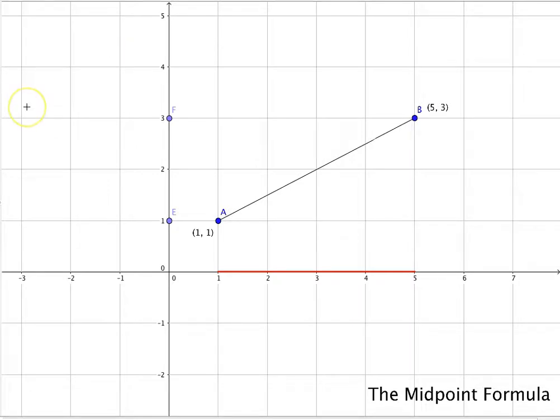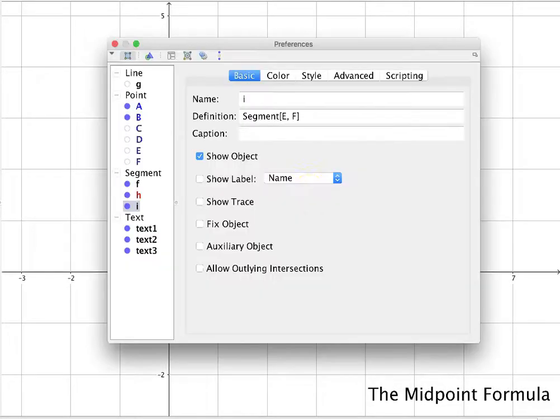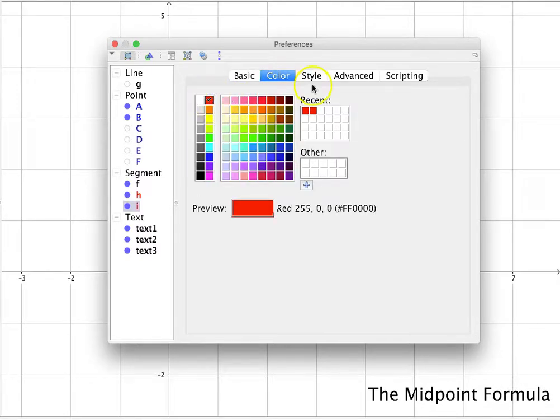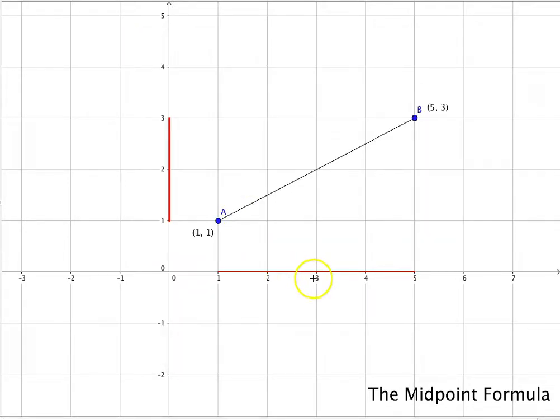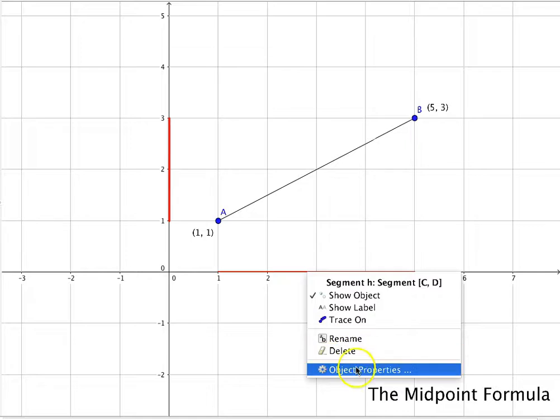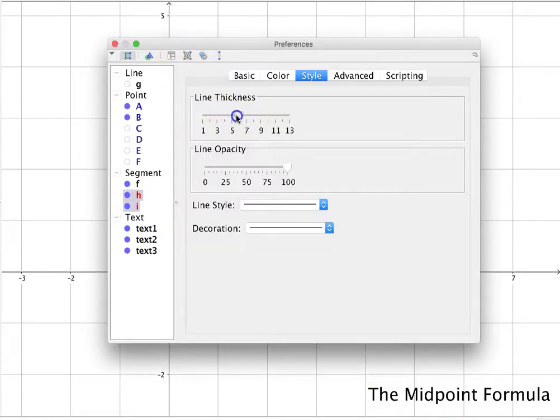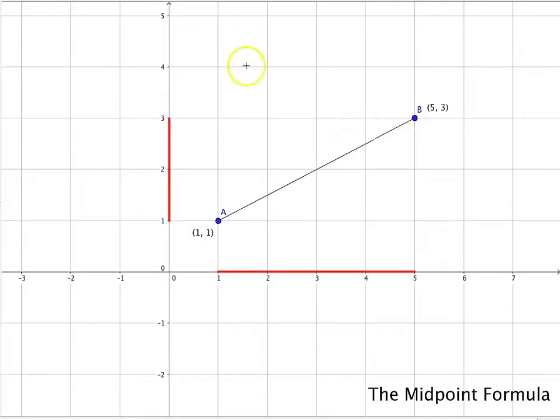Okay, so we're traveling that red distance in the x direction, and we're doing the same thing in the y direction. We're going from 1 to 3, and so I don't really need these points, but I do need this line to be red, and I'm going to make it a little bit thicker here. And so that's the distance that we're traveling in the x direction and the distance we're traveling in the y direction. Okay, do you see that?